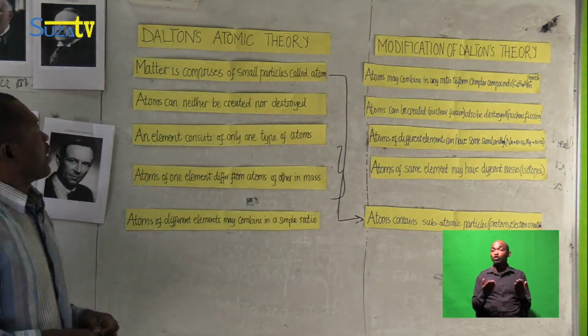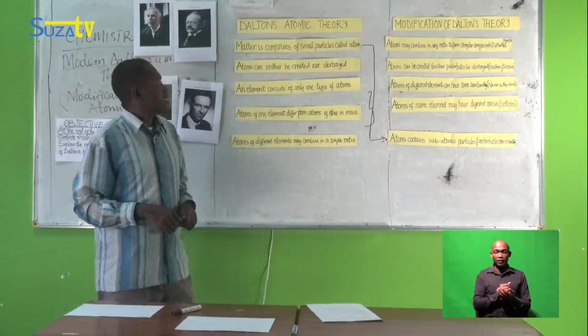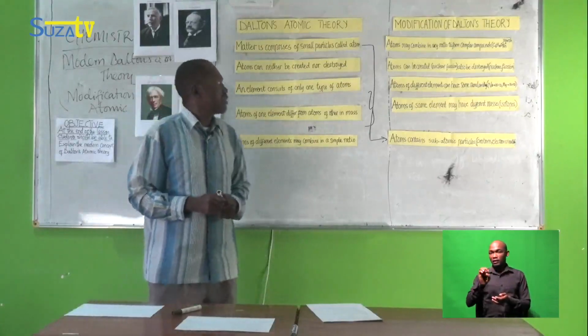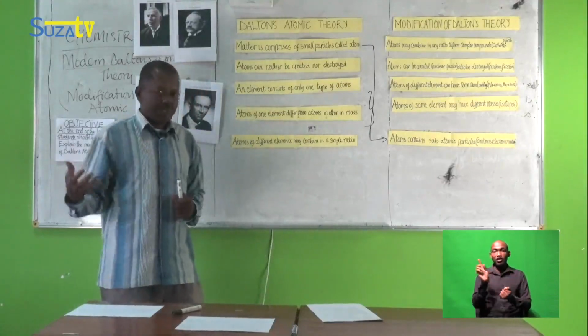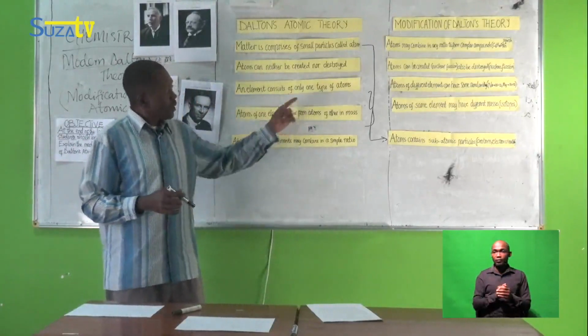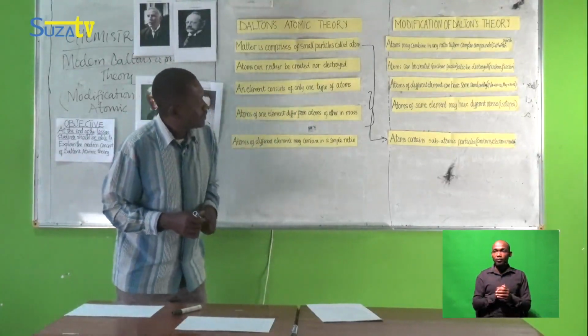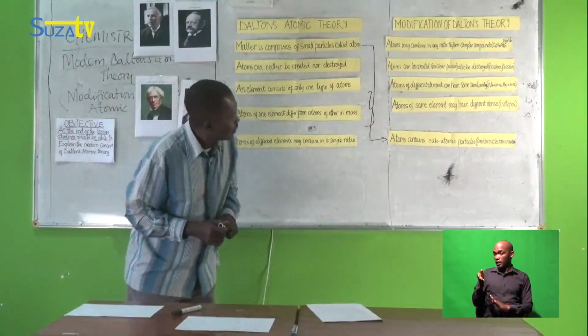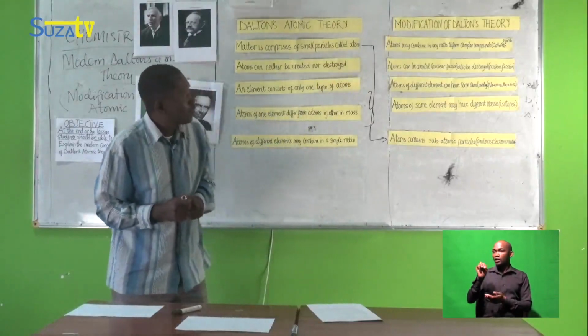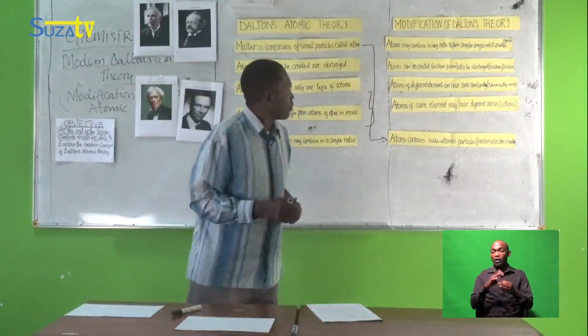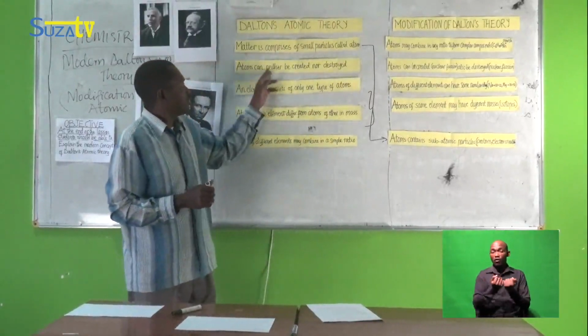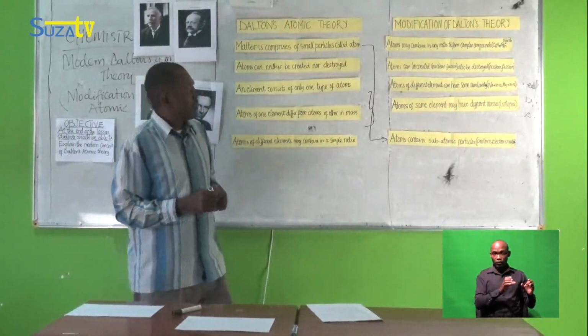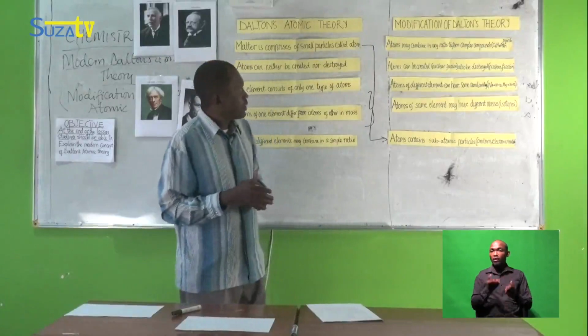Now, let's come to the second one. Atom can neither be created nor destroyed in a chemical reaction. So, according to the first modification, we say that atom may combine in any ratio to form complex compound. This one is about creation and the way it could be destroyed.